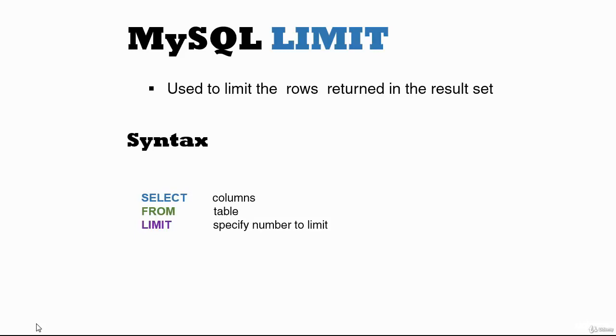The limit is usually at the end of the select query. What that does is limit the number of rows that are returned. So you can specify the number of rows you want, which is usually a numerical value. The values can be 0 or positive integers. So anything from 0 and above, you can specify.